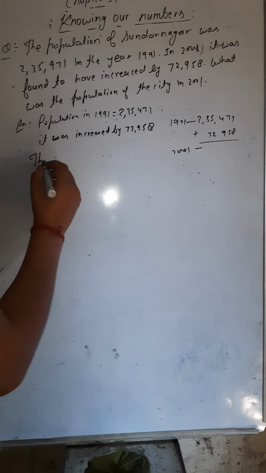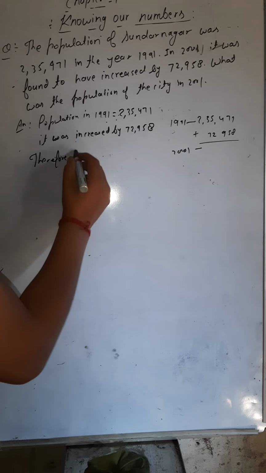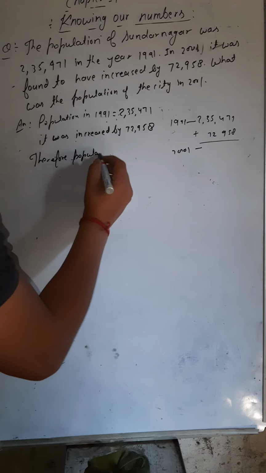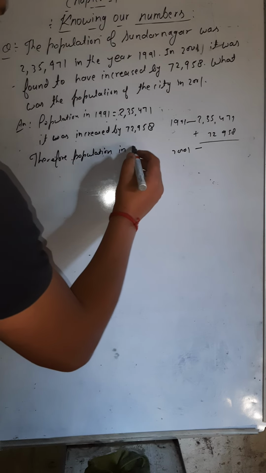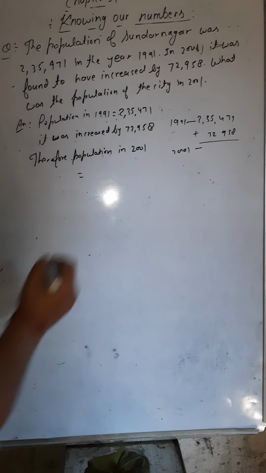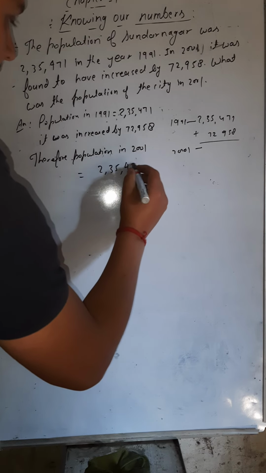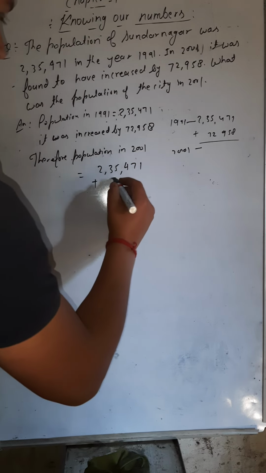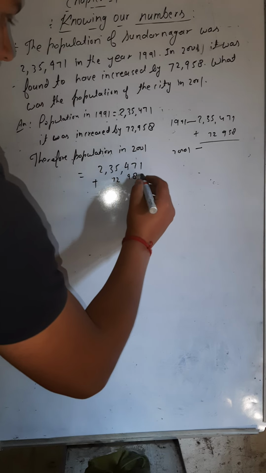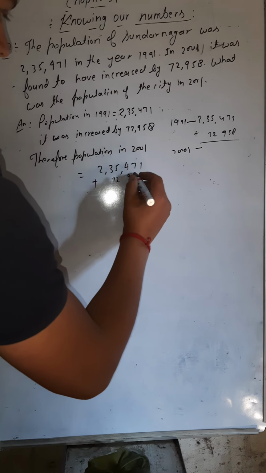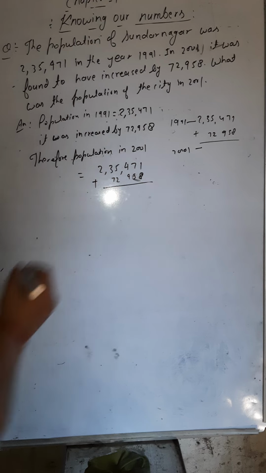So here we write, therefore population in 2001. So what you will do? You will add both. 2,35,471 plus 72,958. So this you are gonna add now.